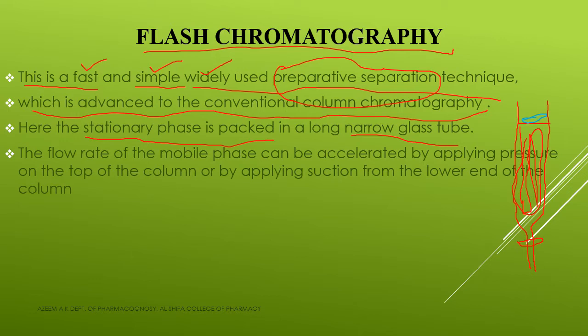Okay, now the next thing is, the major difference is the flow rate of the mobile phase. So in column chromatography we already studied that the sample moves downwards under the influence of gravity. But in flash chromatography, the flow rate of the mobile phase can be accelerated by applying pressure on the top of the column or by applying suction from the lower end of the column.